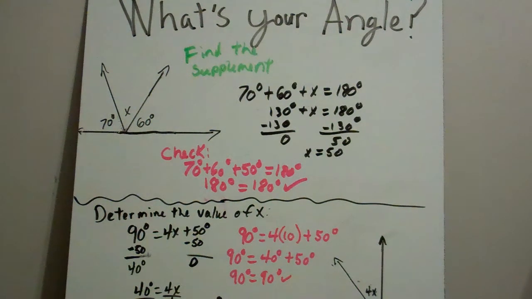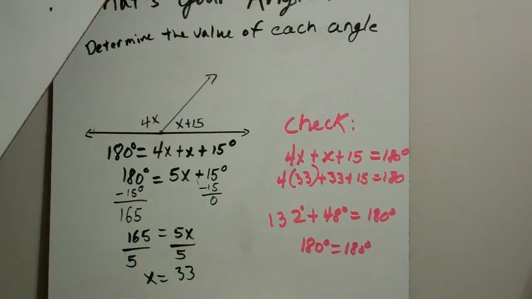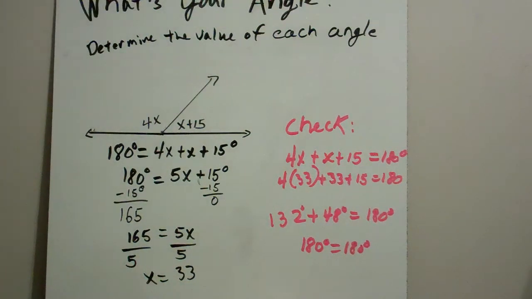And then the final kind of What's Your Angle question that you will encounter is where you have two totally unknown quantities. In this case, I'm asked to determine the value of each angle, and I'm given the values for my angles as 4x and x plus 15.